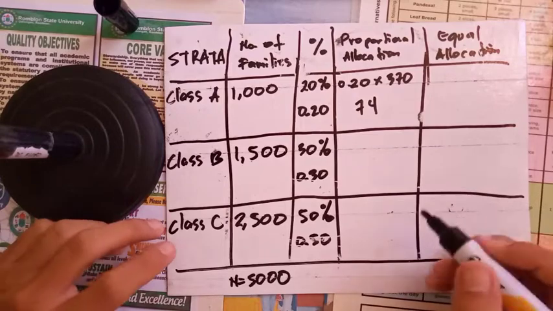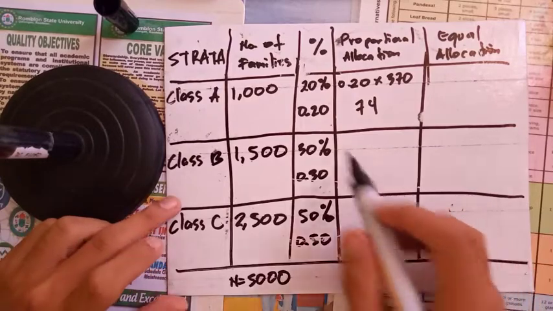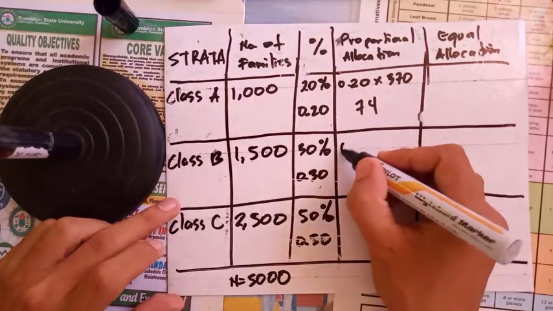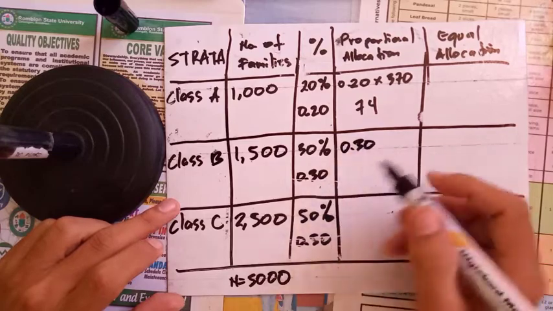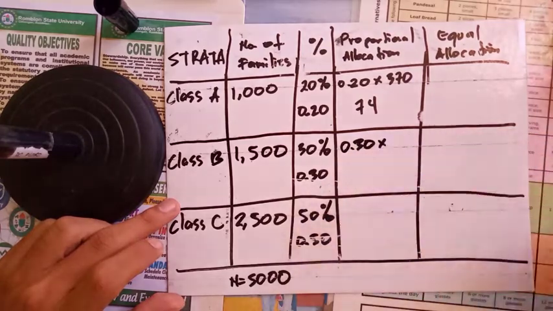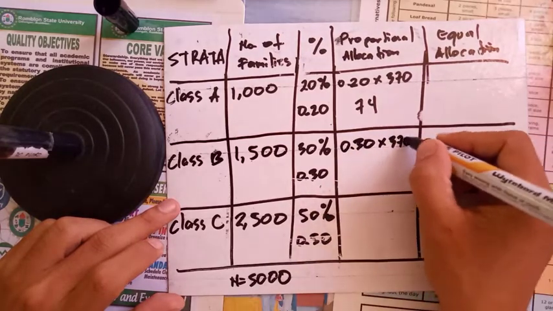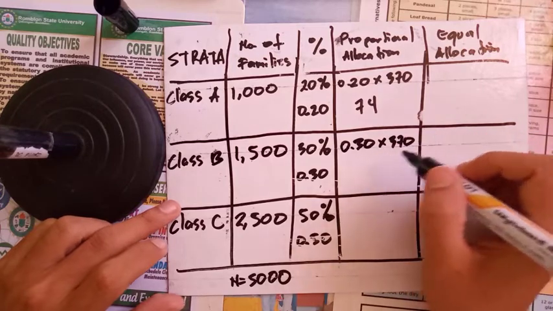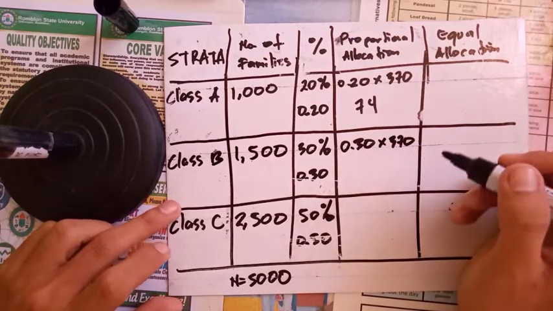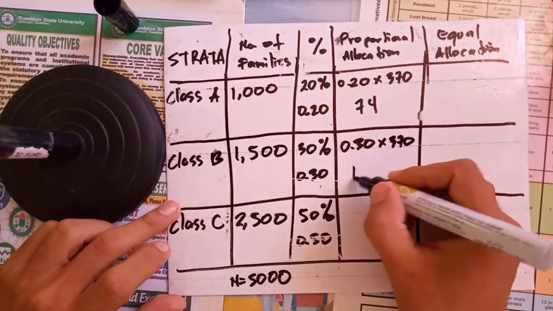And for the class B, we have to get the percent, which is 0.30 dito, times our sample size, which is 370. So 0.30 times 370 would be equal to 111.